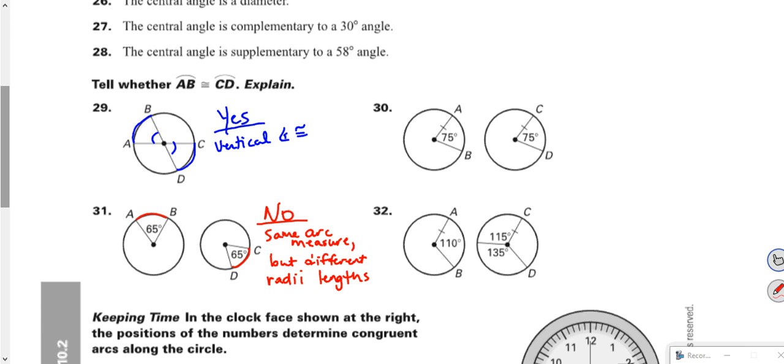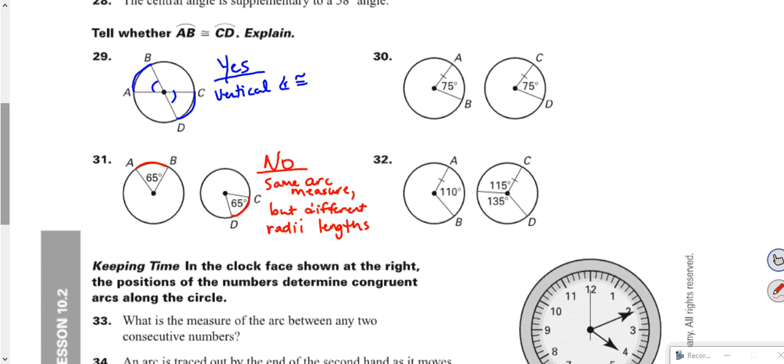Or you can also do radiuses, so you can just write radius with an ES on the end. I actually looked this up. I remembered that, and then I thought, really? So I looked it up to make sure, and that is true. Radii is plural for radius, more than one radius. So same arc measure, but different radiuses. You all get the idea.